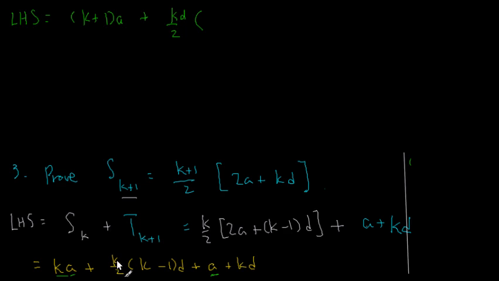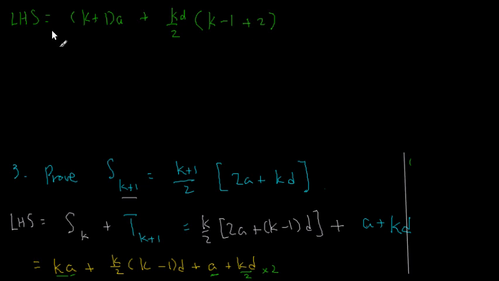So if I take out kd over 2, I have k minus 1 from here. If I take out kd over 2, I can imagine that I put an over 2 here and a times 2 here. So I'll get a 2 here, plus a 2.